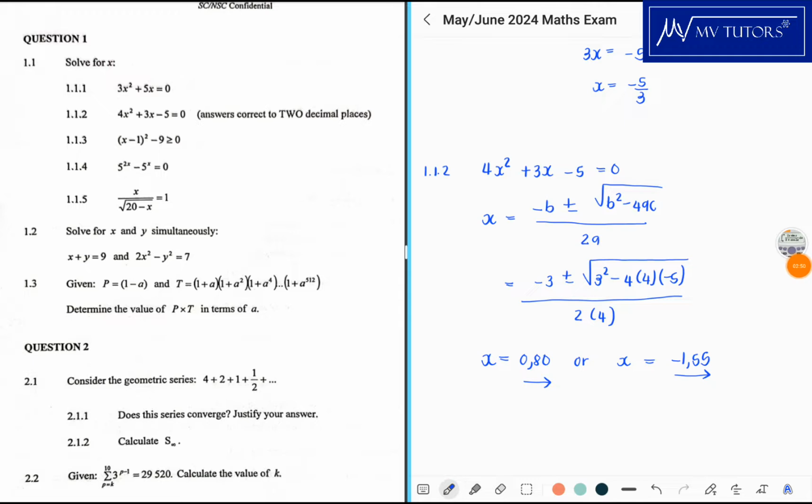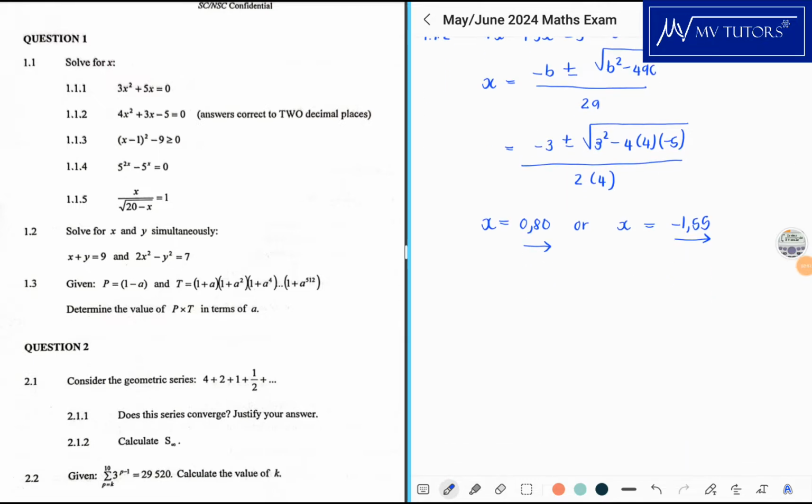Now let's look at 1.1.3, which is the inequality. Alright, so we have x minus 1 squared minus 9. So this is a quadratic function with a turning point of 1 and minus 9.